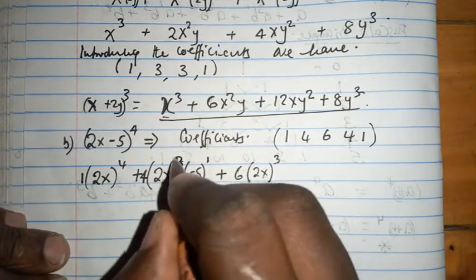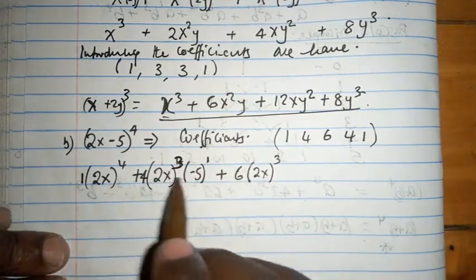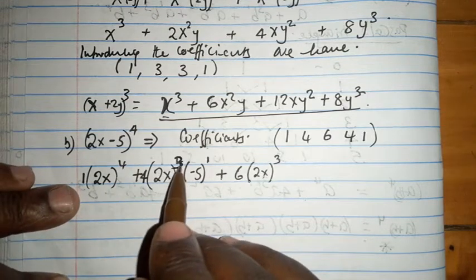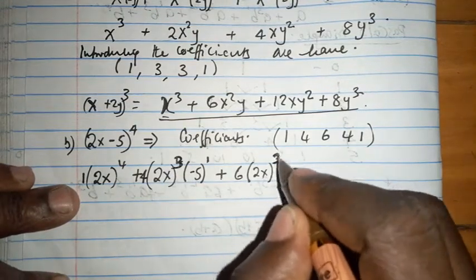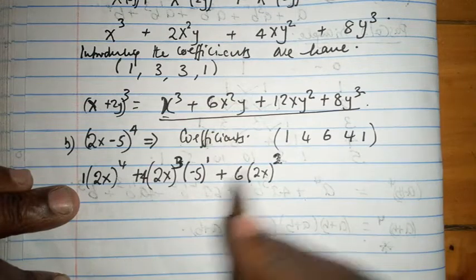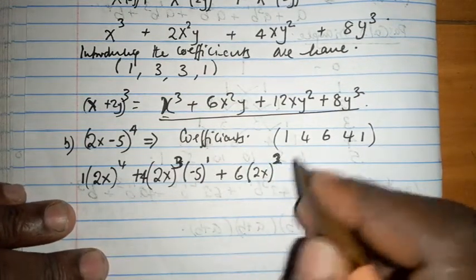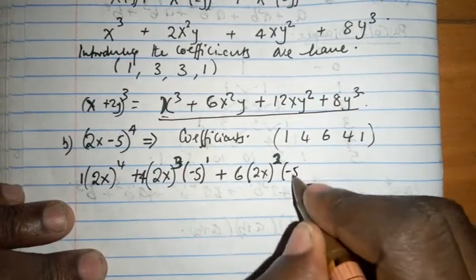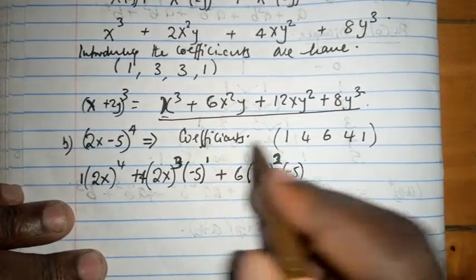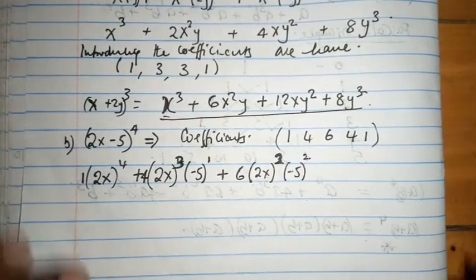This is 3 because the power continues to reduce by 1, and minus 5 now increases the power to 2.